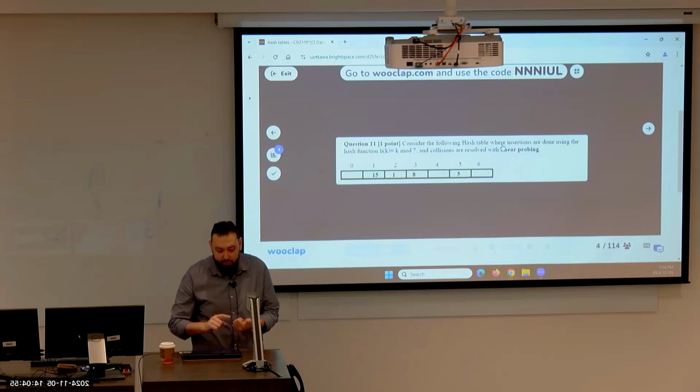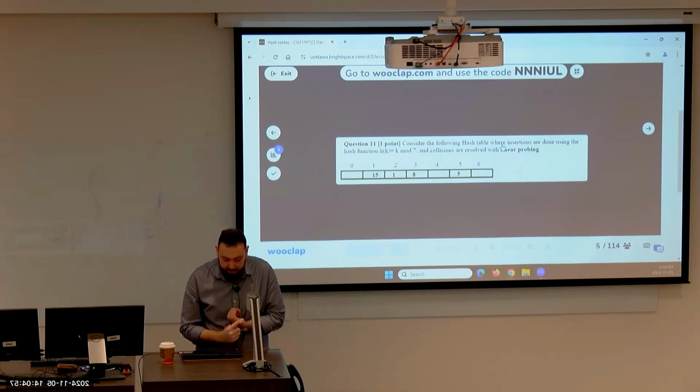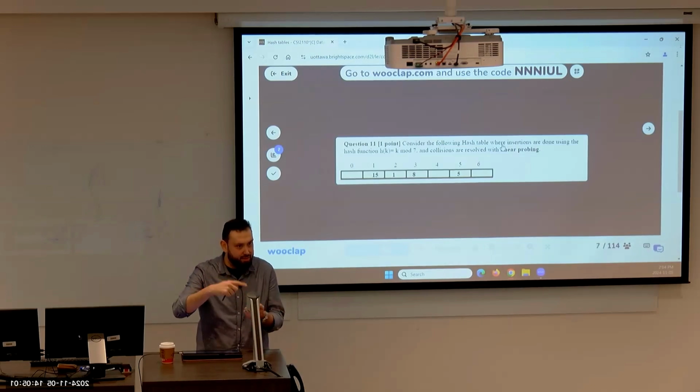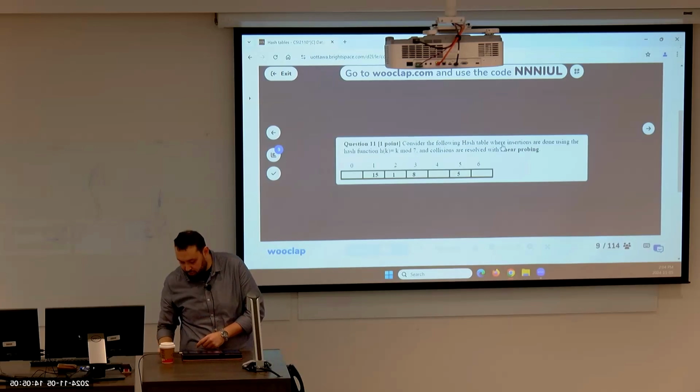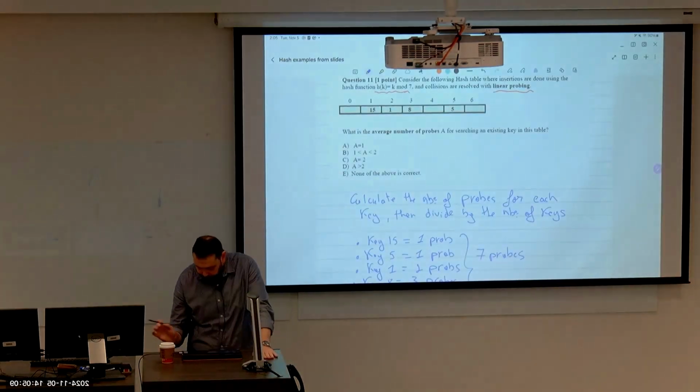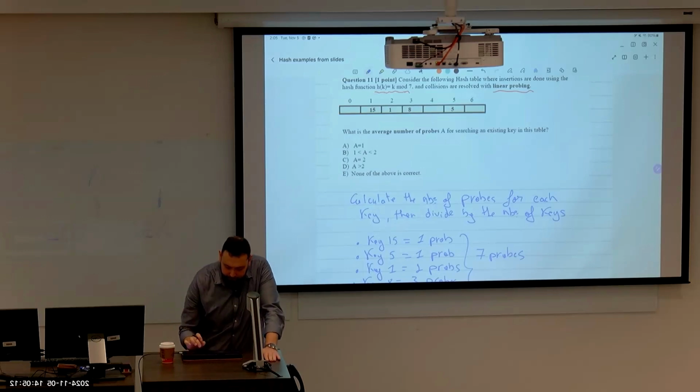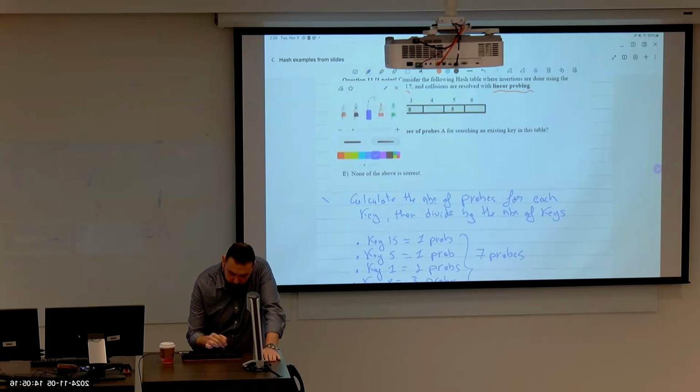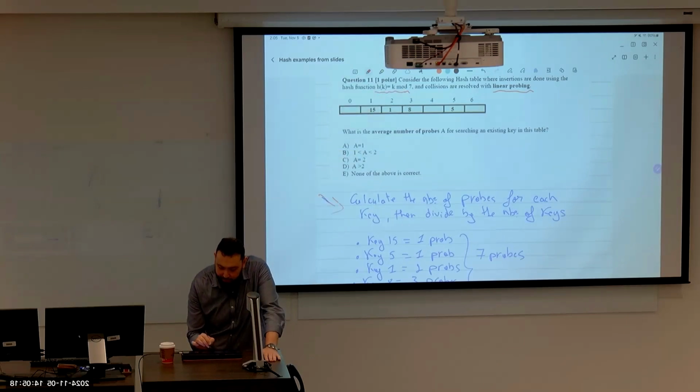So technically, I'll do 15 mod 7. We already did this, and then we do all of them, and then we'll add them. Okay, because we don't have much time, I'll show it to you right away. So look, I need to calculate the number of probes.